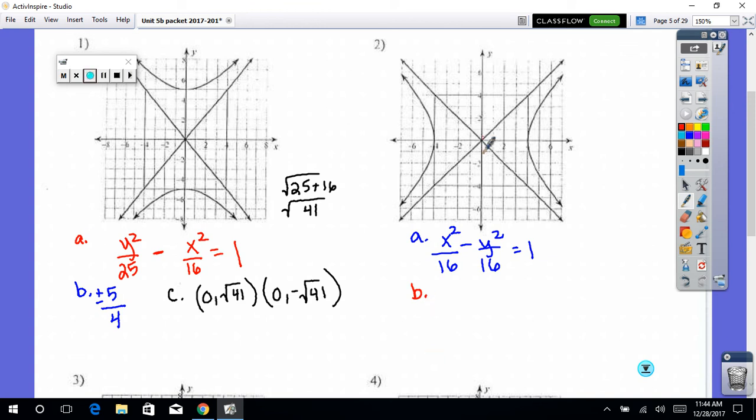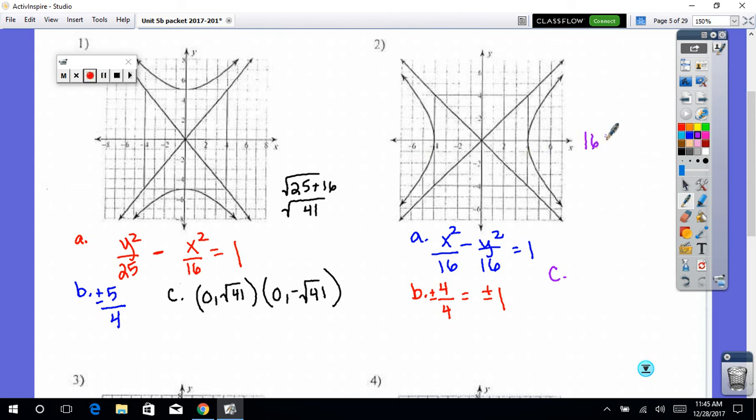For your slopes, rise over run, so my y over my x is actually the square root, so 4 over 4, plus or minus, which simplifies to plus or minus 1. And this time your foci are on the x, so our y coordinate is going to remain 0.